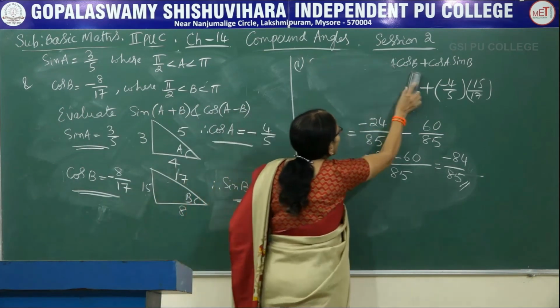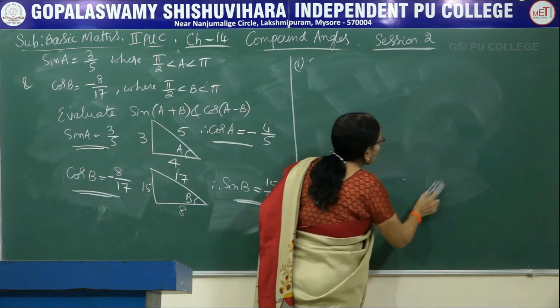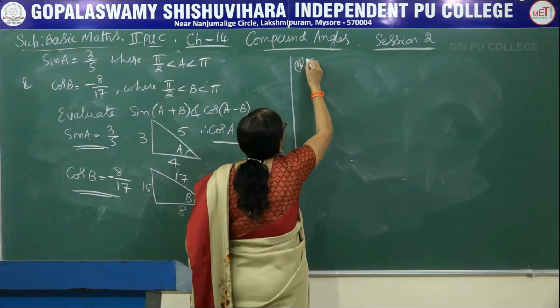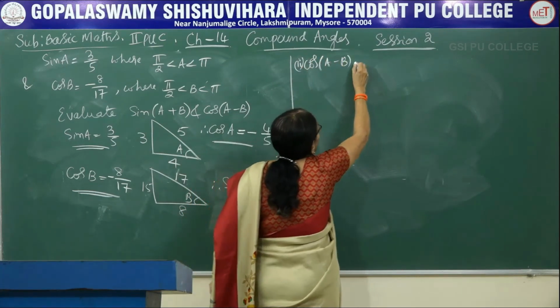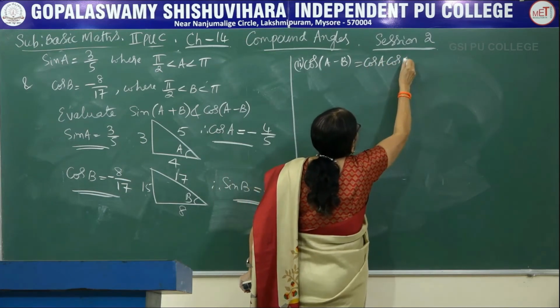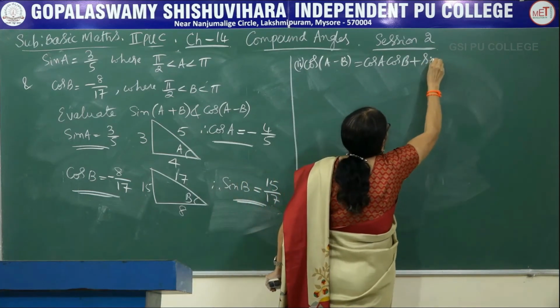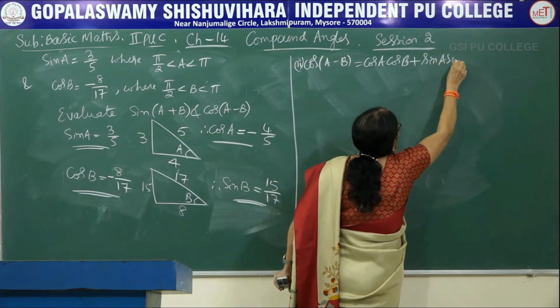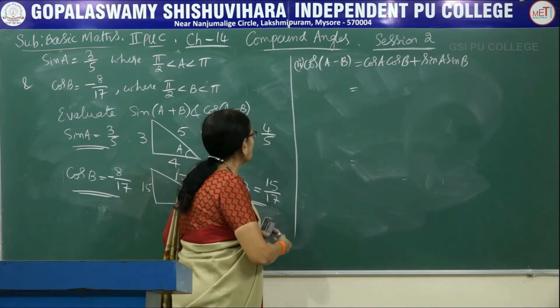Now let me move on to calculate the other one. It is cos of A minus B. Now what's the expansion? It is cos A cos B. Now we are having minus, so it becomes plus sin A into sin B. Now write the respective values here.